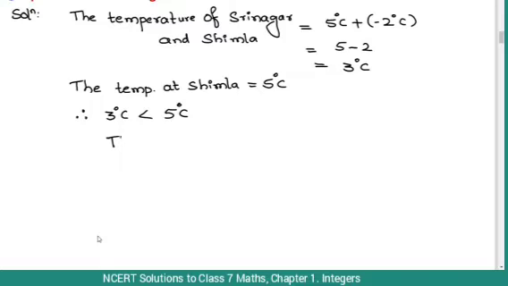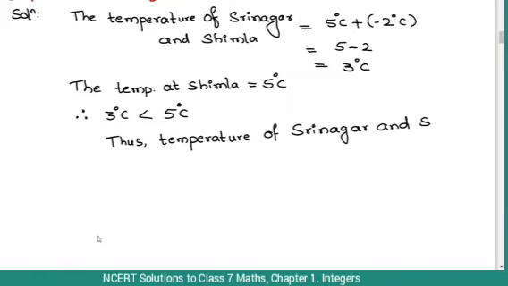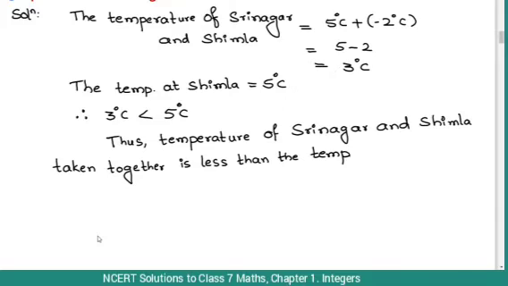Thus, temperature of Srinagar and Shimla taken together is less than the temperature at Shimla.